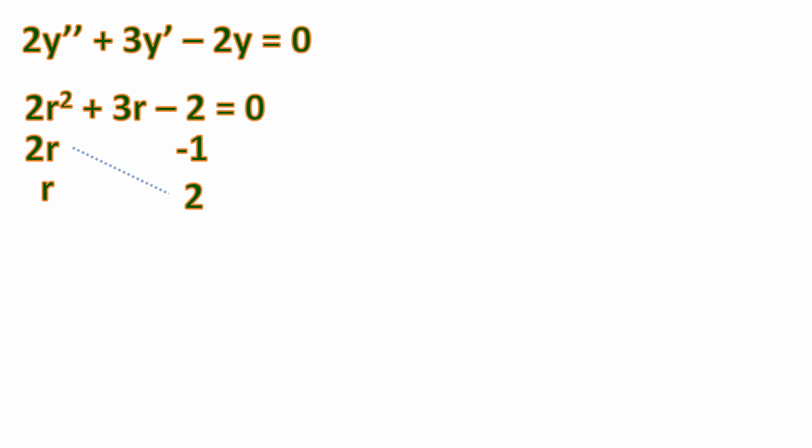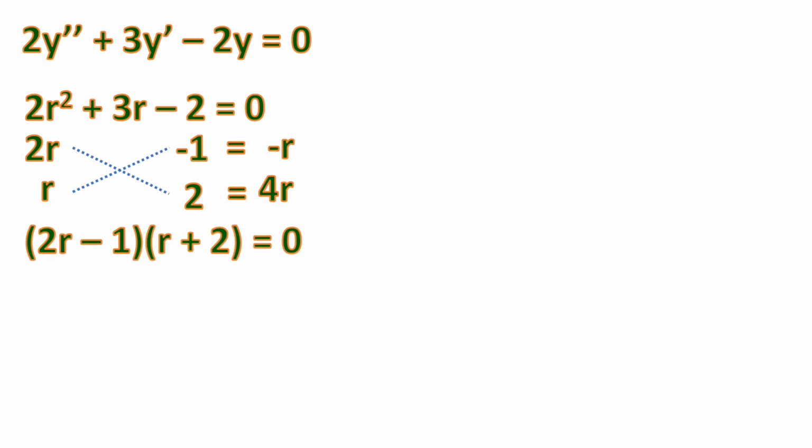So let's cross multiply. That's 2r and 2, r and -1. So r times -1 is -r, and 2r times 2 is 4r. If you combine 4r and -r, that's positive 3r, which is correct for the middle term.